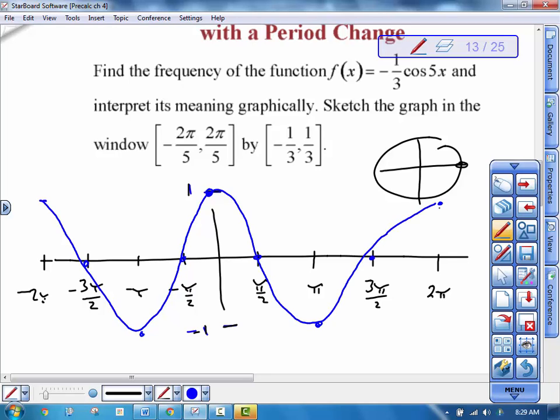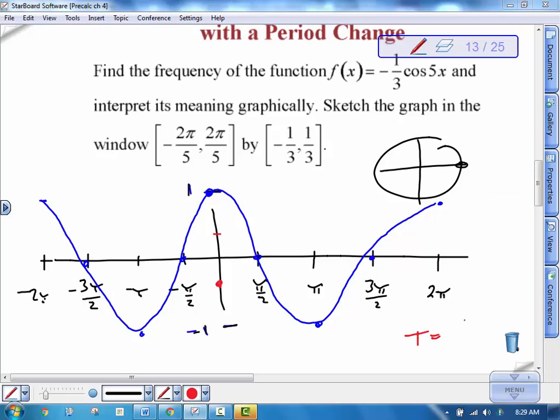Okay. Now, this other function here has been shrunk by 1/3 because the amplitude is only 1/3, so we're going to only go up to 1/3. It's also been reflected, so it's going to start off down here, at negative 1/3, but it's also been shrunk horizontally, and how much you can tell from the period.